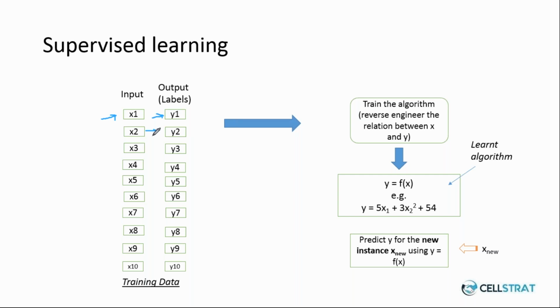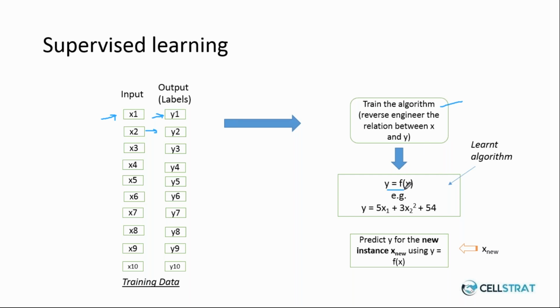For example, the features which influence the house price go under X, and the price of the house goes under Y. Using this historical data, which is the price of 10 houses or 10 data samples, I reverse engineer the relationship between X and Y. In other words, I train the model, or I learn the algorithm.